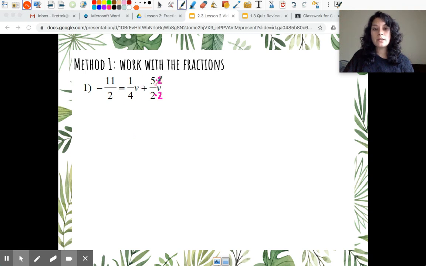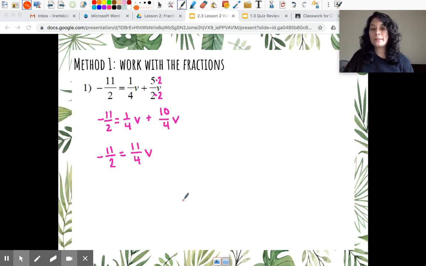So this is going to make this, instead of a negative 5/2, it's going to make it, let me just rewrite everything here, 10/4 v. And now I can add these 2 fractions together. So this is going to give me negative 11/2 equals 1 plus 10 gives me 11. Denominator stays the same, and it's got a v attached to it.